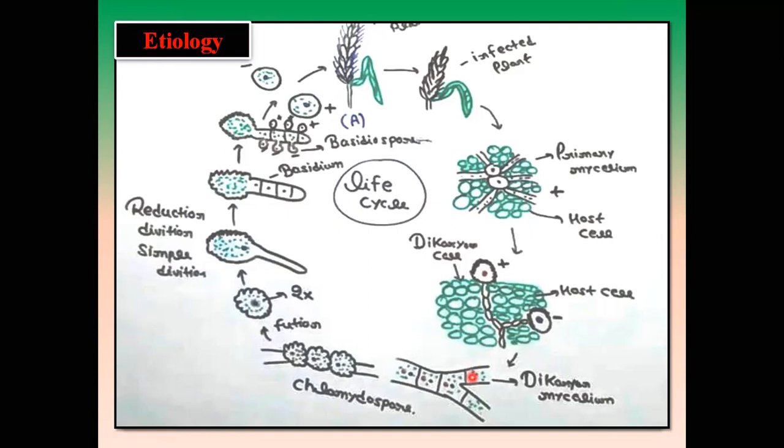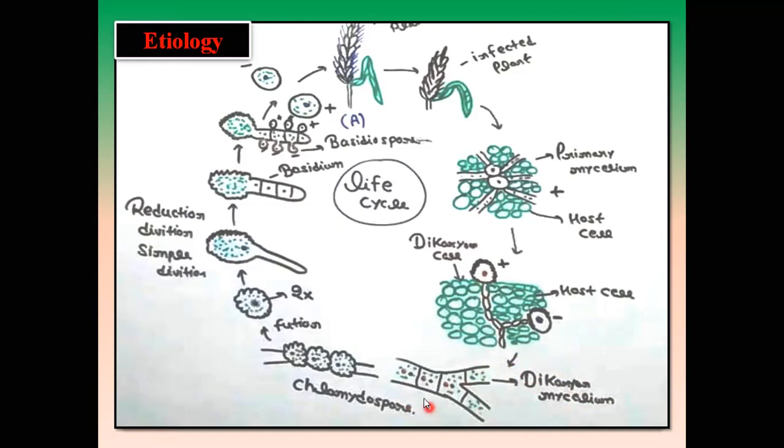At the time of the plowing operations, these smut spores or infected grain debris in the soil develop dikaryon mycelium. This dikaryon mycelium persists for a long duration in the soil.